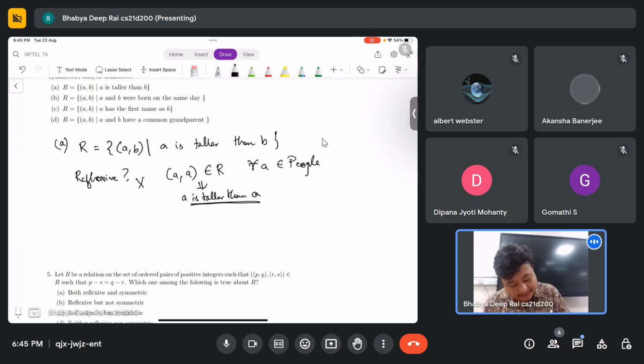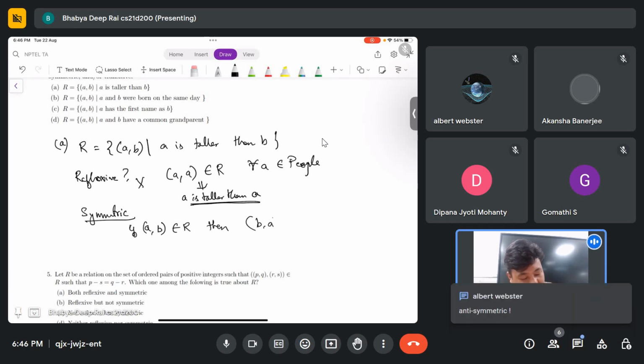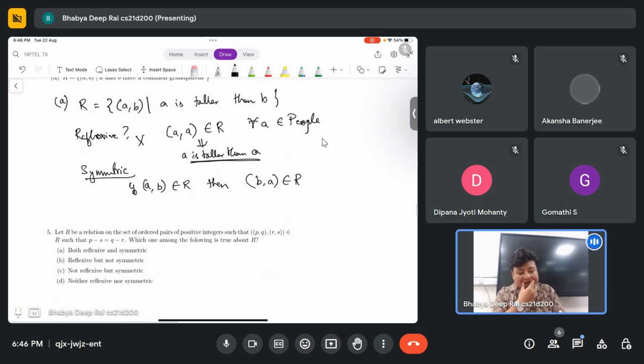Okay. Now let's look at symmetric. What is symmetric? It means that if (a, b) belongs to R, then (b, a) belongs to R. Albert says antisymmetric. Let's see, Albert.